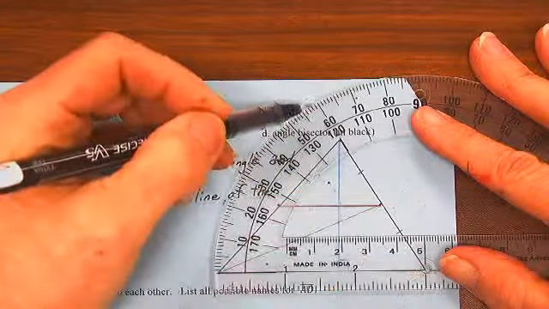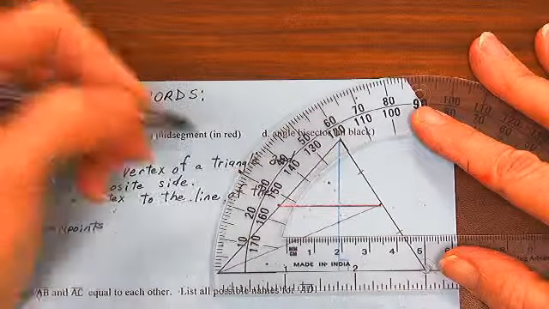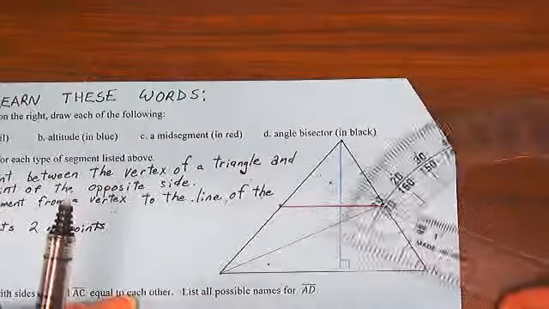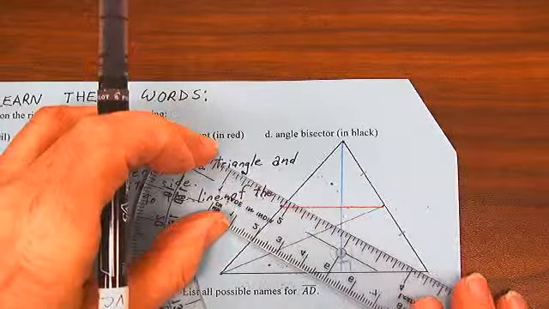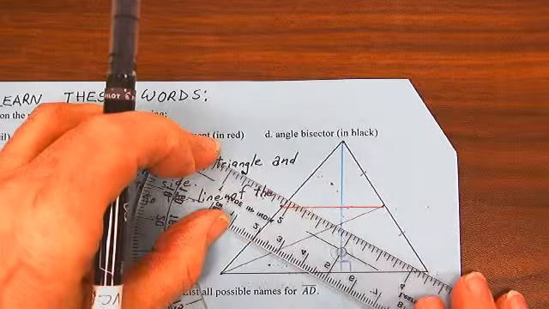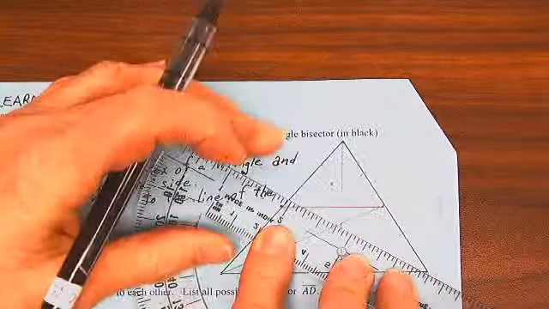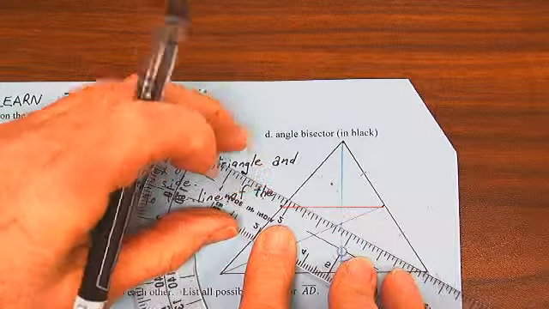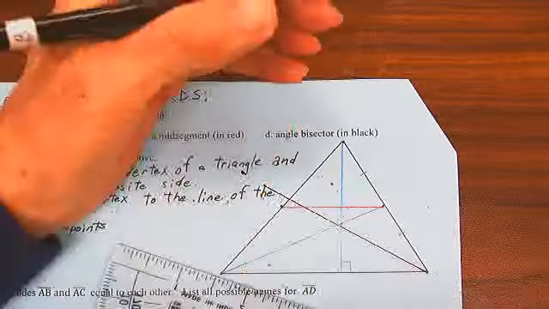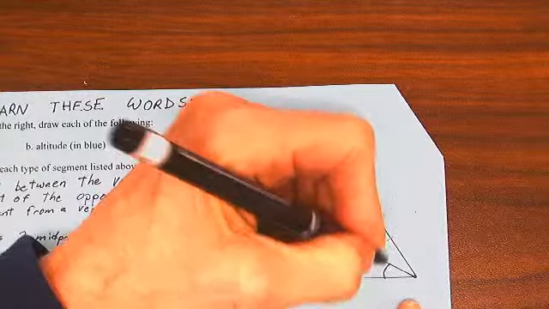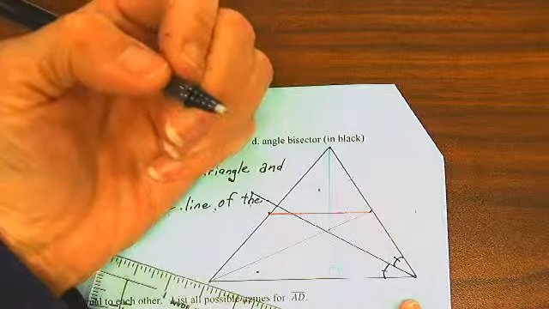So if this angle is 60 degrees, the angle bisector then would be 30 degrees. I am doing my angle bisector in black as requested. Here is my angle bisector, and I mark that it is the angle bisector.